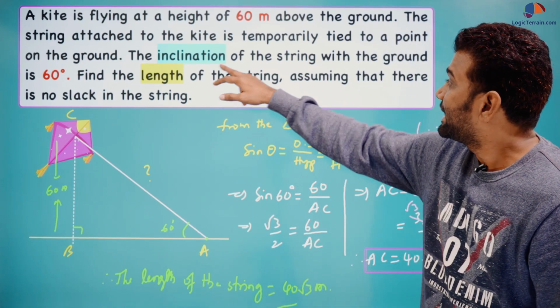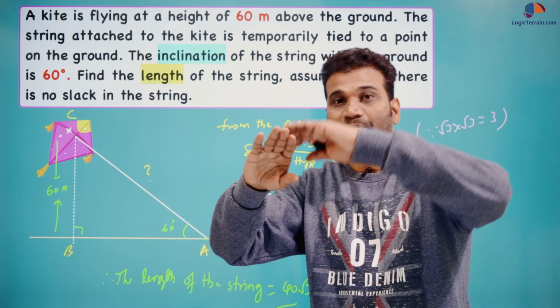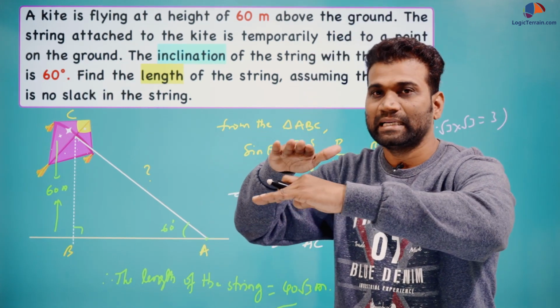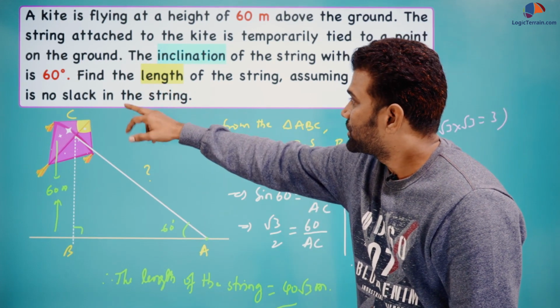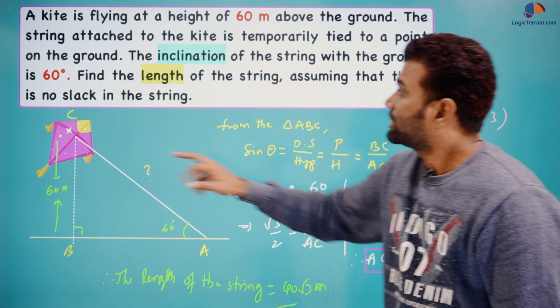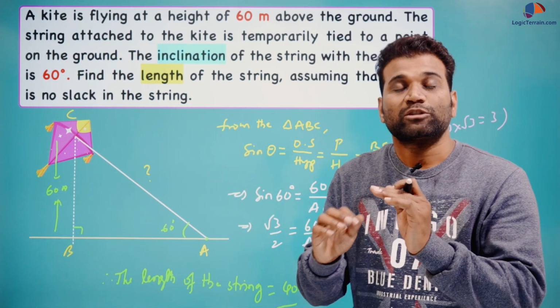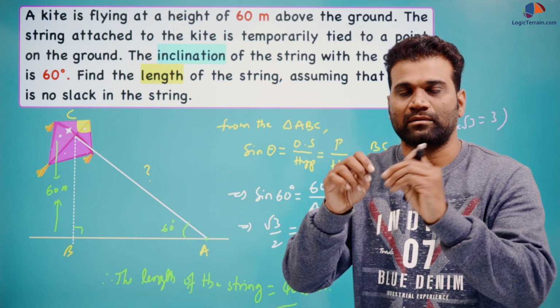Here the inclination of the string with the ground is 60 degrees at that point of time. Then find the length of the string, assuming that there is no slack in the string, so there are no attachments.